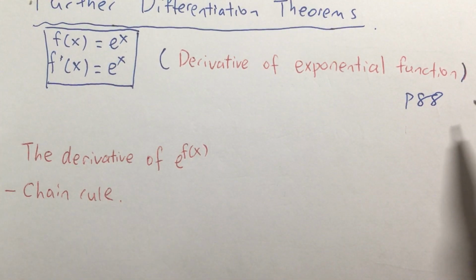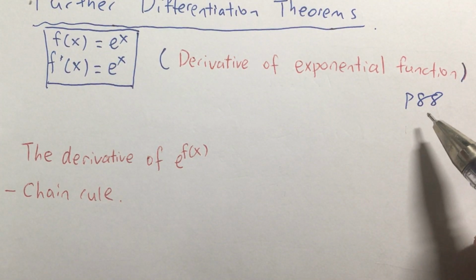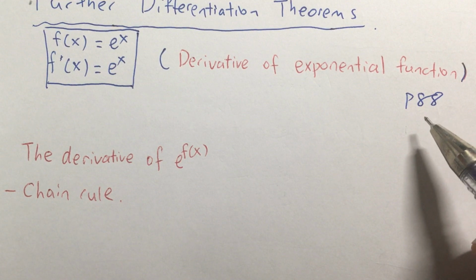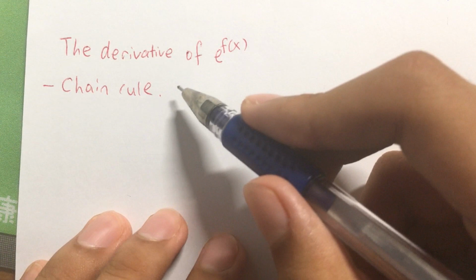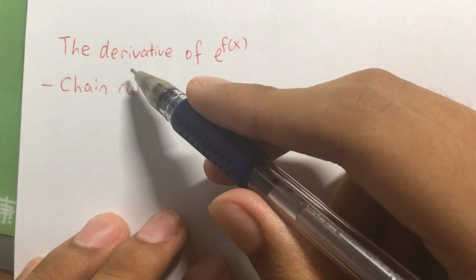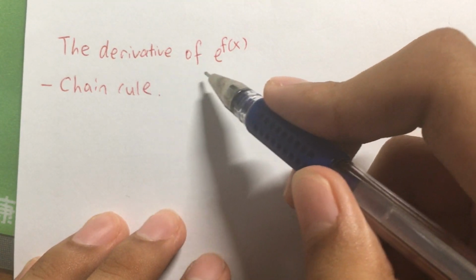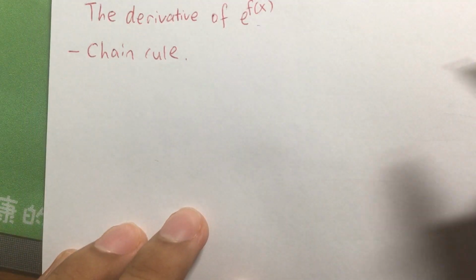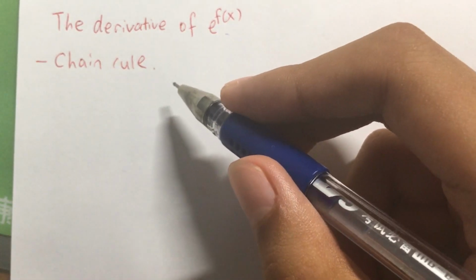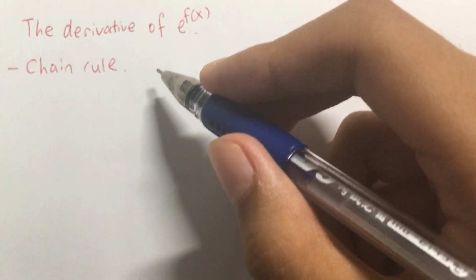So I'm not going to prove it, and if you are interested, you can go and read it by yourself. However, I am going to prove the more important one, which is the derivative of e to the power of f of x. To prove this, we need to use our chain rule.